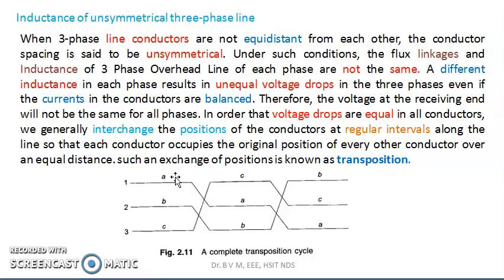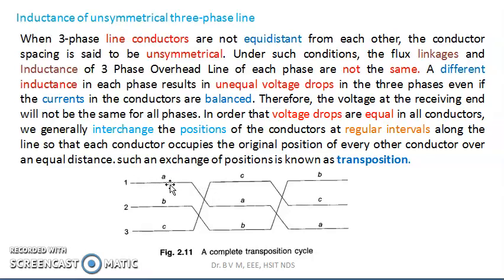Let us first calculate the flux linkages of conductor A in position 1, then in position 2, and then in position 3. Then we will take the average of these three, and divide this average flux linkage by the current IA, and we will get the inductance.